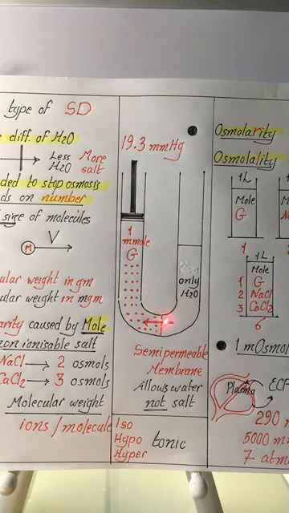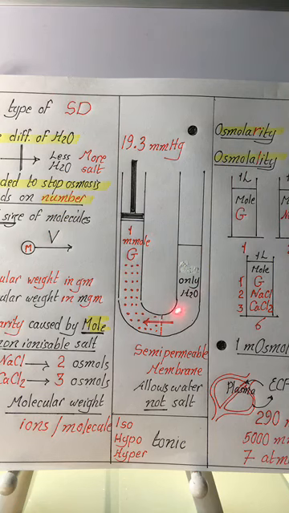Here we have a semi-permeable membrane, a membrane that allows only water molecules to pass through, but not salts or molecules of solute. In one limb we have pure water, only water, no solute. In the other limb, we have water and solute.